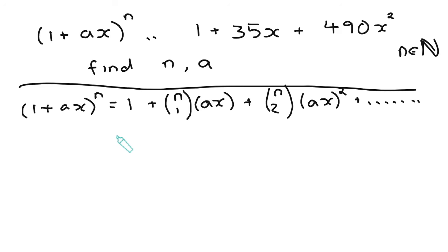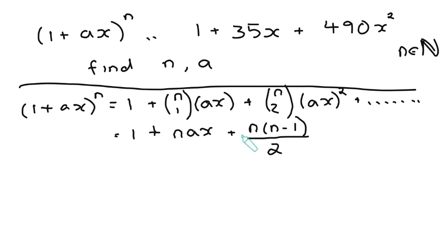Okay, so let's just expand this out and we'll end up with 1 plus, well, nC1, the first term is just n, so we've got nax. And what does nC2 mean? For me, when I've just got something like this, I quite like to write it in this form. So we've got n times n minus 1, that's how to choose our two things, over 2.